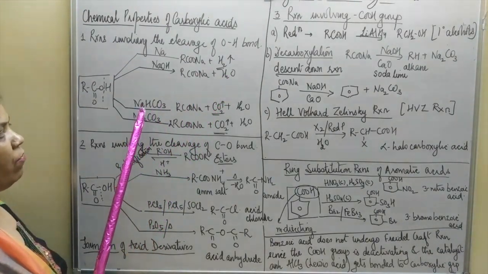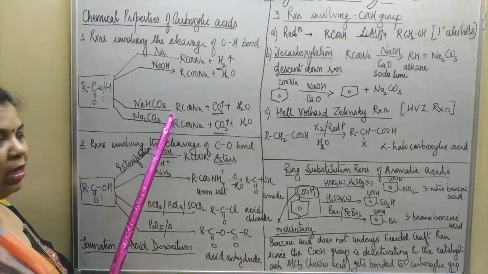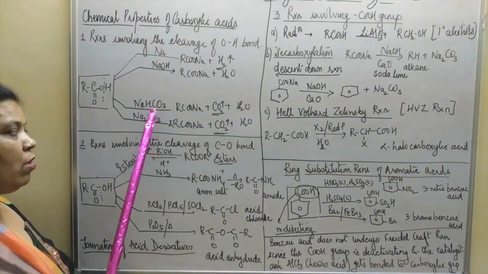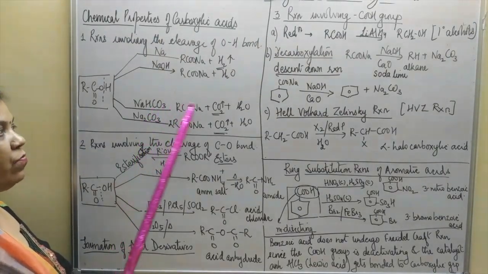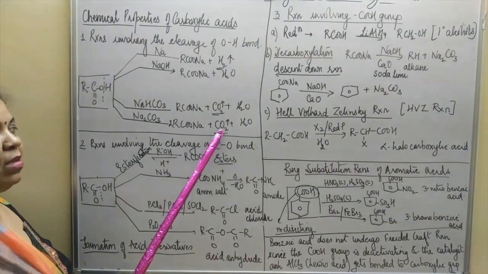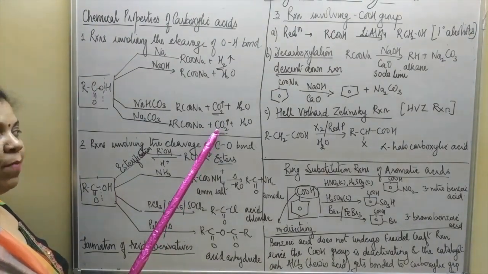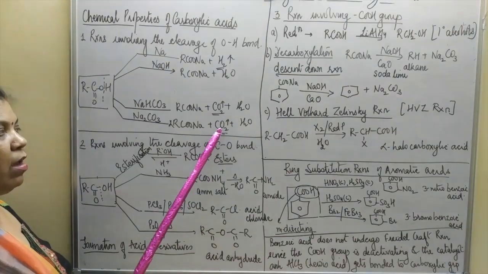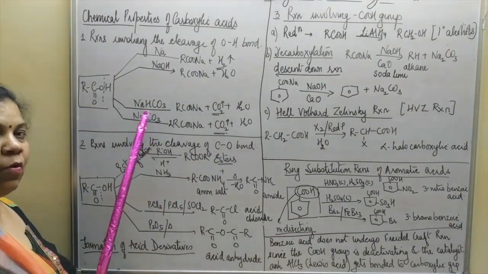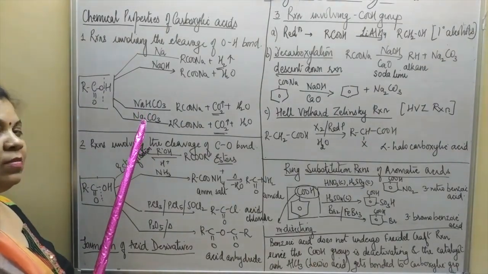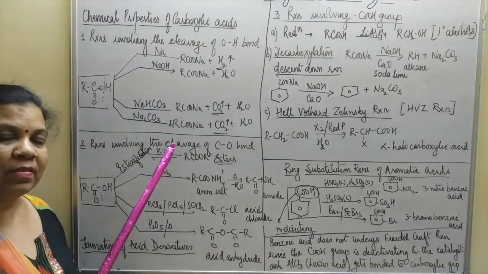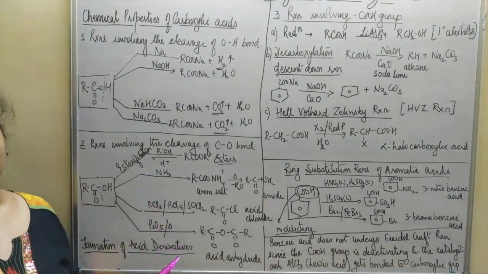In the same manner, on treatment with NaOH, it again forms sodium carboxylate along with the byproduct water. Now, with sodium hydrogen carbonate, that is sodium bicarbonate, or sodium carbonate, with both of them a brisk effervescence of colorless, odorless carbon dioxide gas is evolved, which when passed through lime water will turn lime water milky. So reaction with sodium bicarbonate or sodium carbonate resulting in the evolution of CO2 gas is the characteristic test for carboxylic acids.